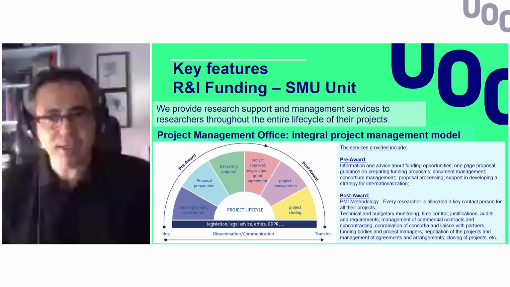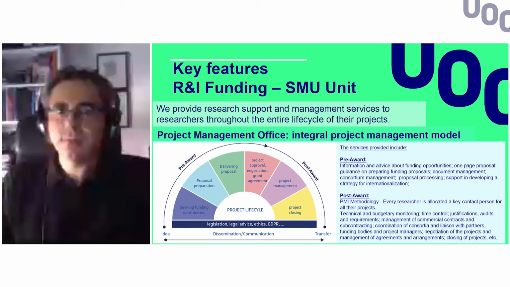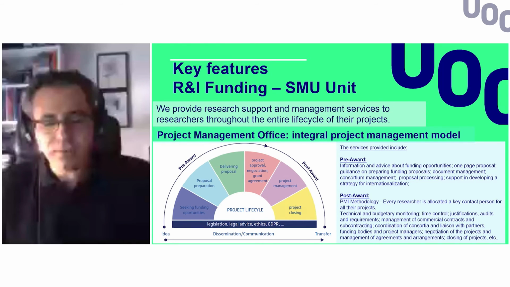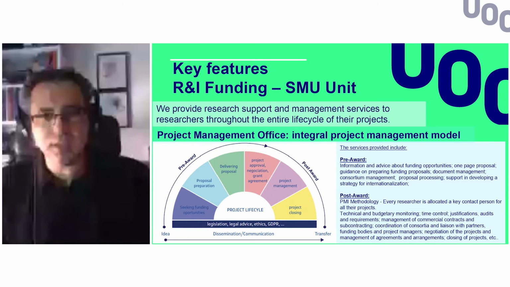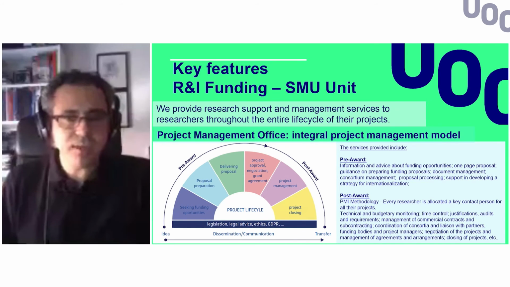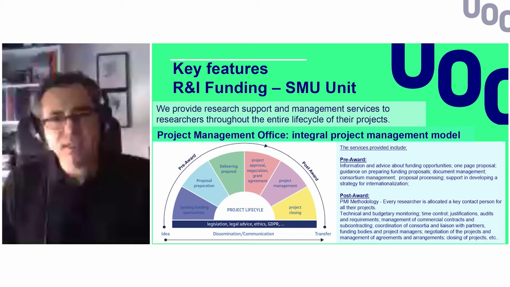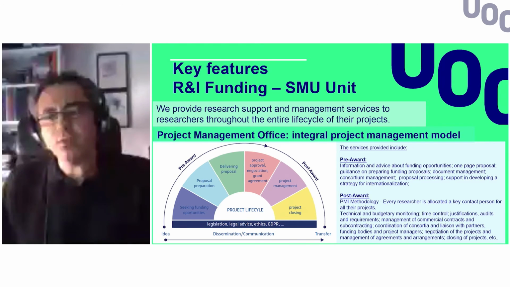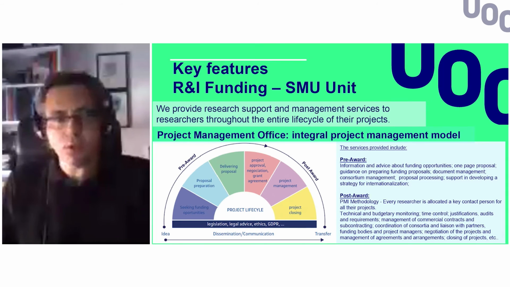How do we do that? We do that through a lot of people. We are around 30 persons at the area. Here you can see how we try to work with this model, the integral project management model, where we try to accompany through different profiles you from your initial idea, seeking funding opportunities, helping you to prepare your proposal at different levels from the management area, offering you tips, offering you some templates, giving advice on some area, normally at the non-scientific areas, offering some contents and everything.